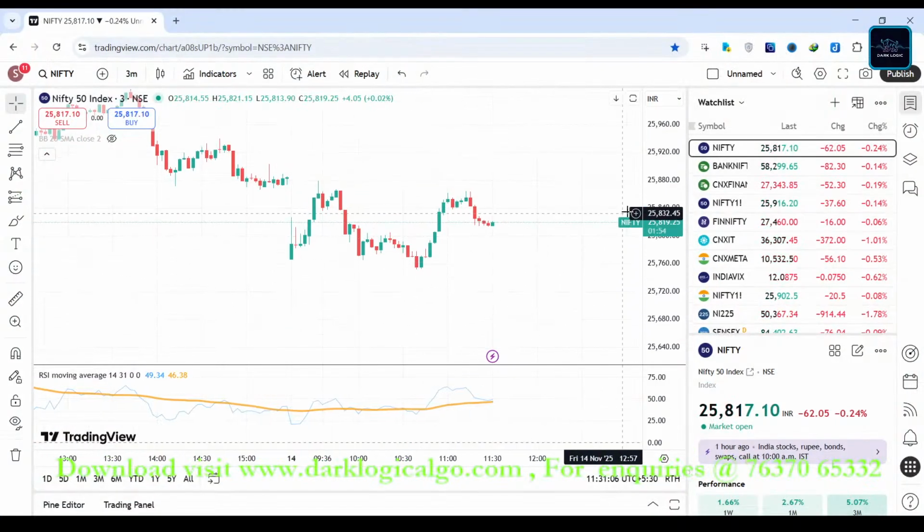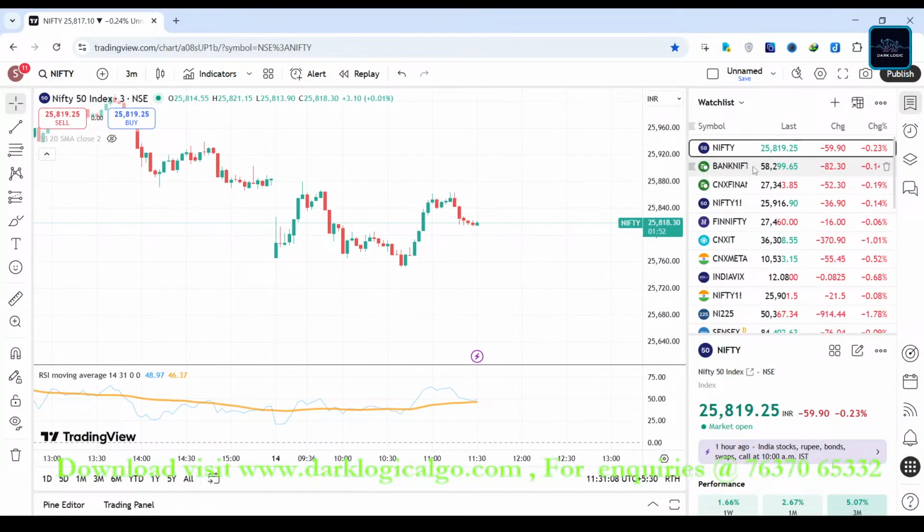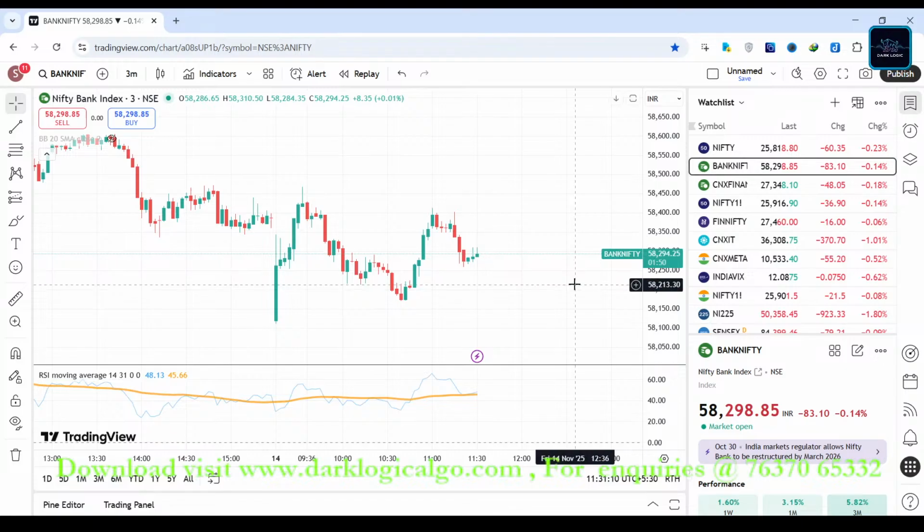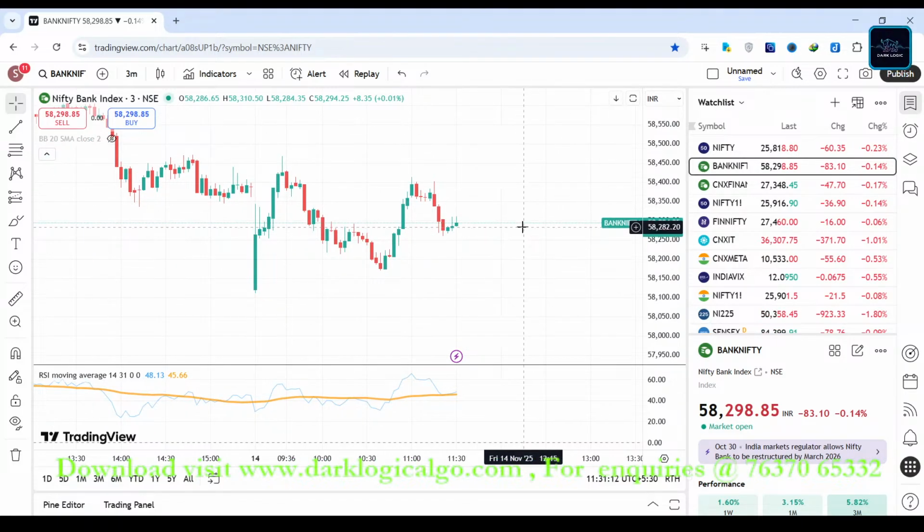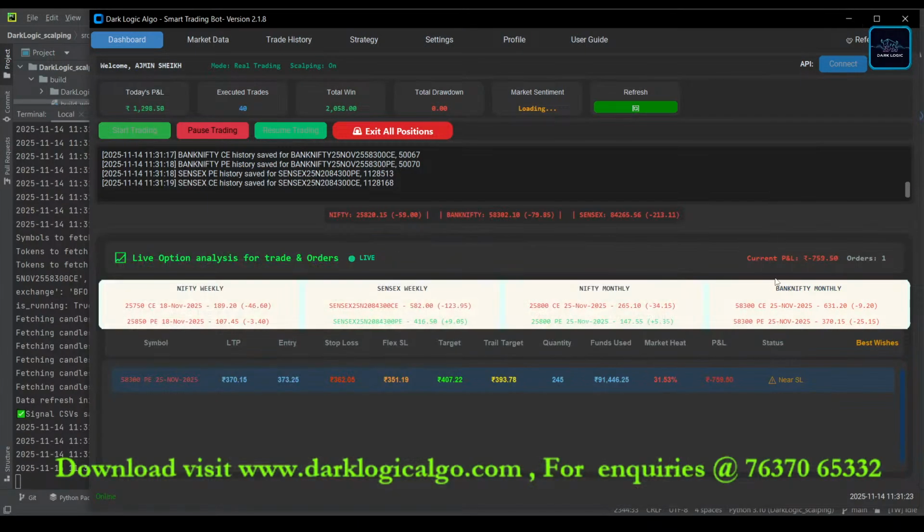So see, there is a downtrend. So Bank Nifty tries to, there is a little bit of, so it places the trade. So let's see what will happen. It is nearly 7 lots.